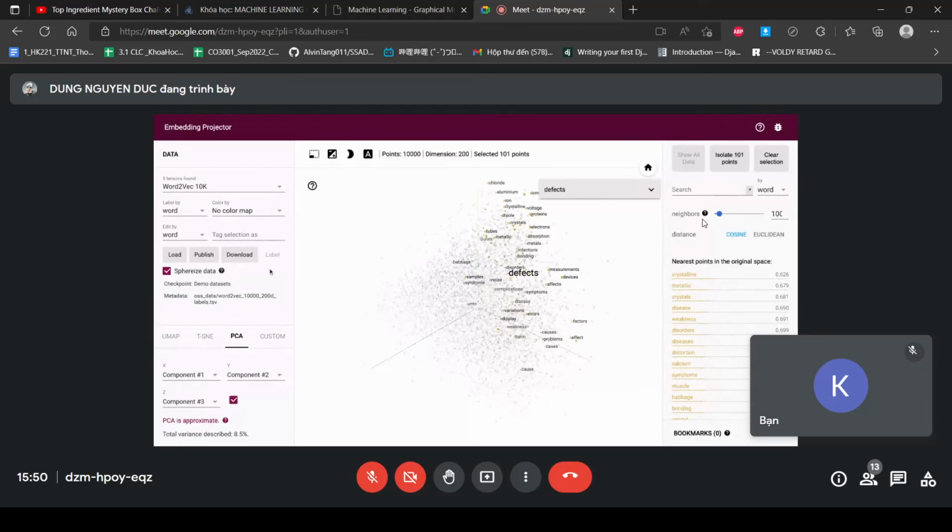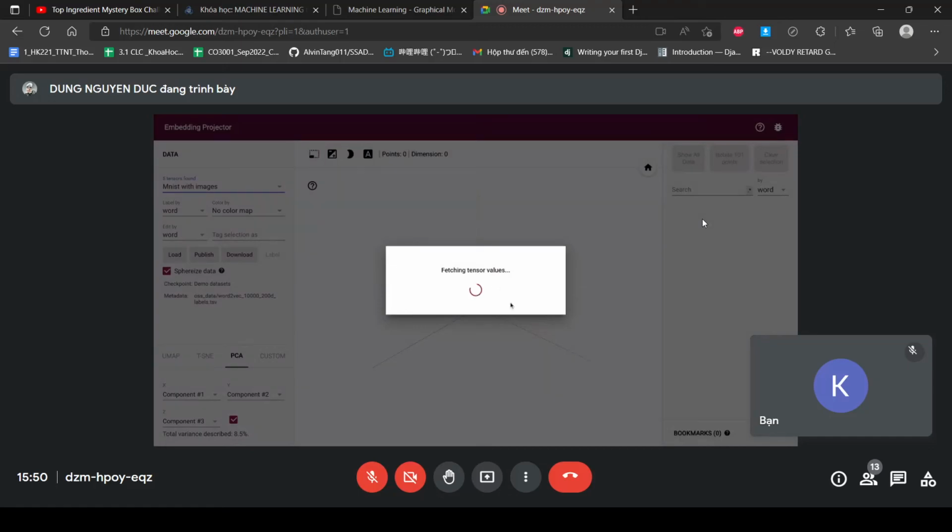Okay. May I switch to another data set that is a little bit easier to visualize, for example, MNIST.